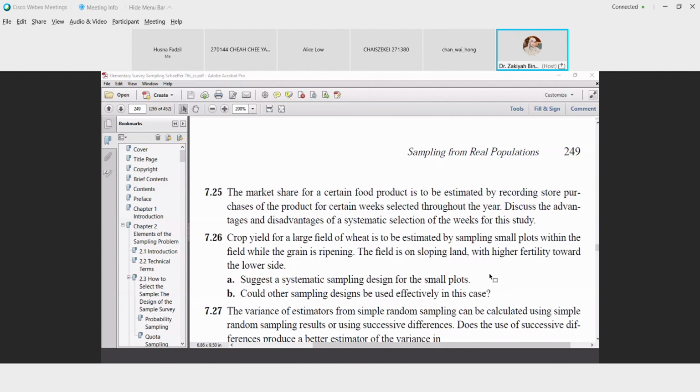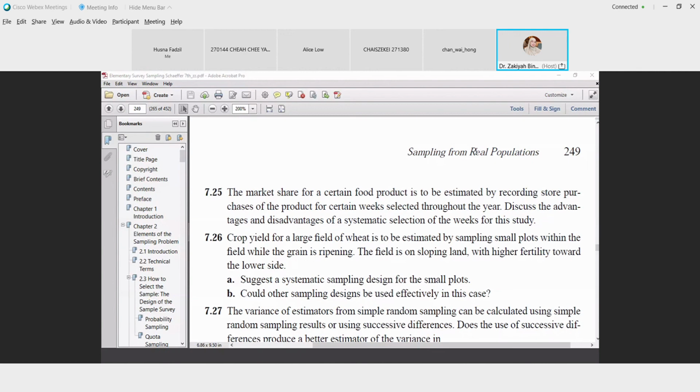It might perform poorly if it so happens the weeks that you sample were all the weeks with high sales or all the weeks with lower sales because of the cycle. So if the cycle interval, the gap between the cycles, matches your K, your interval, then it will be problematic. You either get all the high sales or all the low sales. That will mess up your estimation. Okay, thanks for asking again. If I think it's not clear, no problem. I can repeat it.